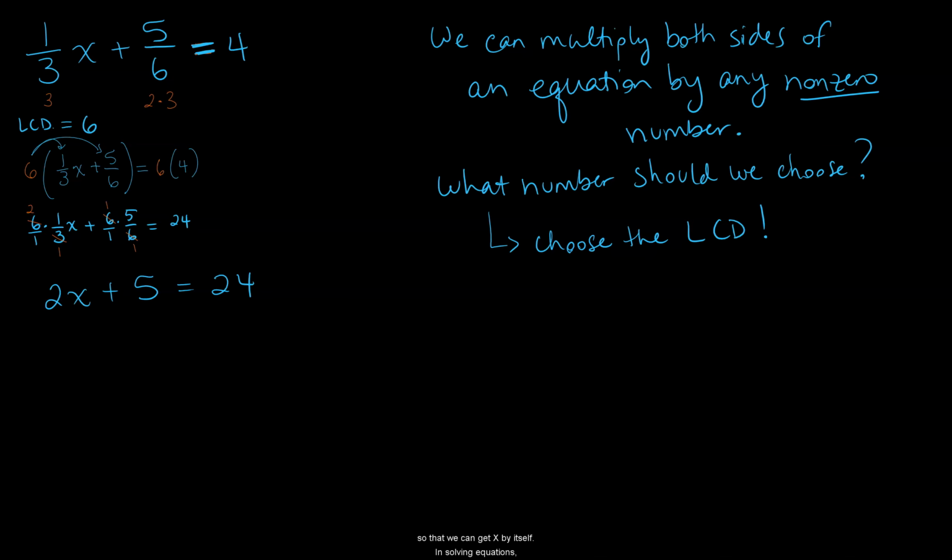In solving equations, we are undoing the operations that are being done to the variable. So that order of operations that you've learned before, you may have learned about PEMDAS, please excuse my dear Aunt Sally, or BODMAS.